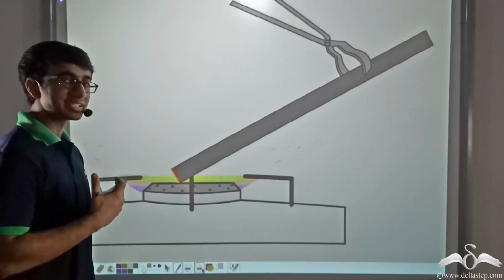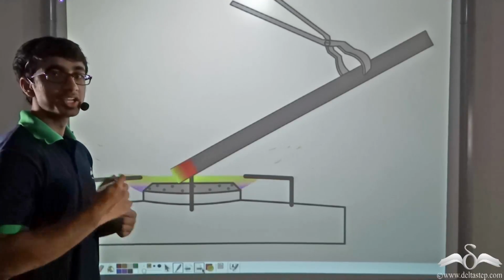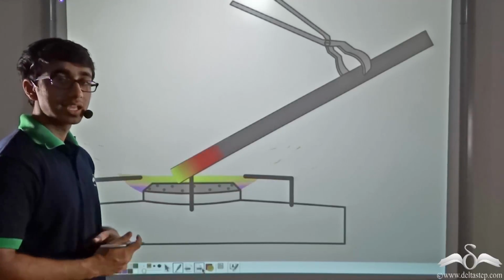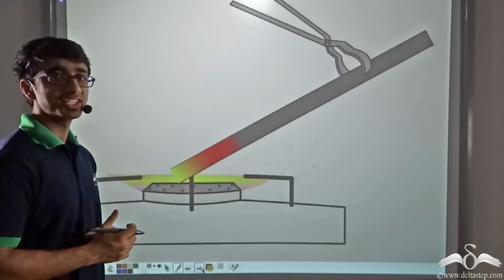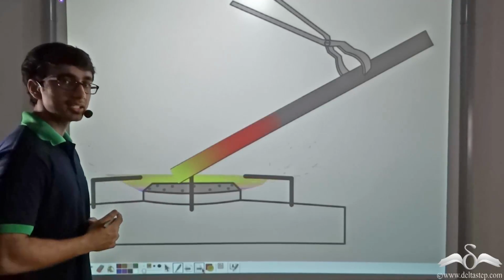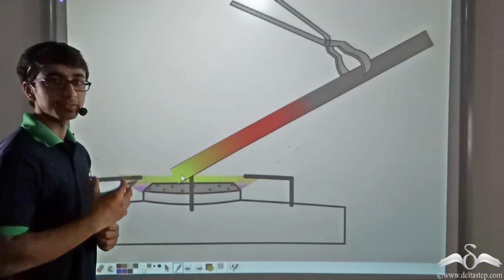So as a result, their kinetic energy is increasing as it absorbs more and more heat. Due to this increase in temperature, the kinetic energy increases, and a part of this kinetic energy is given out as light energy. So as a result, we are able to see this particular end turn red.